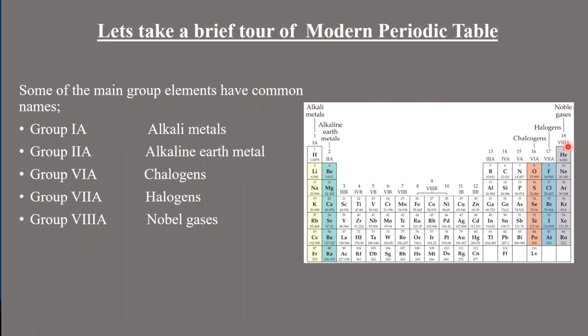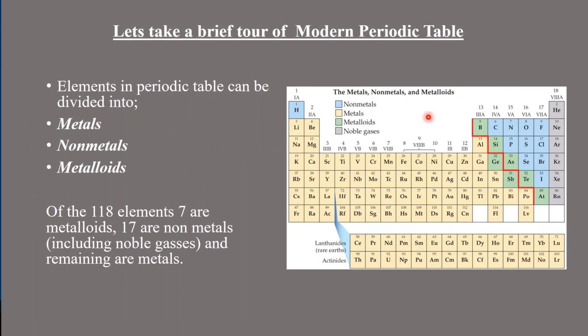Group 8A elements are called either noble gases or rare gases as they are found in trace amounts in the atmosphere. Elements in the periodic table can also be divided into metals, nonmetals, and metalloids. You can identify whether an element is a metal, nonmetal, or metalloid by its position in the periodic table. The left side of the periodic table, or all these 10 colored elements, are metals.